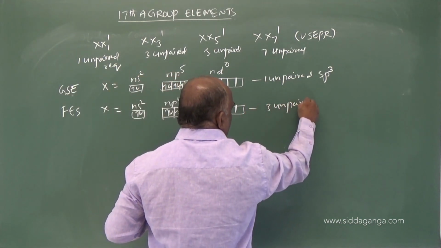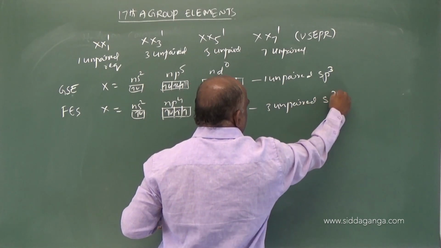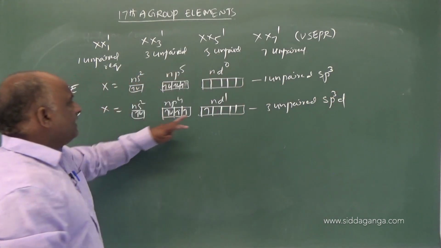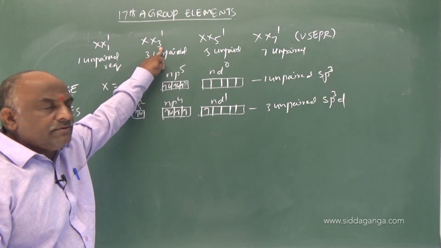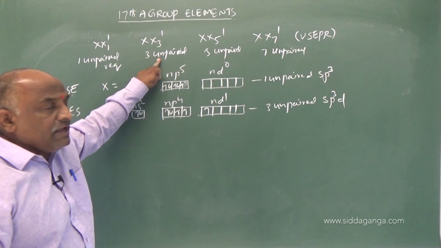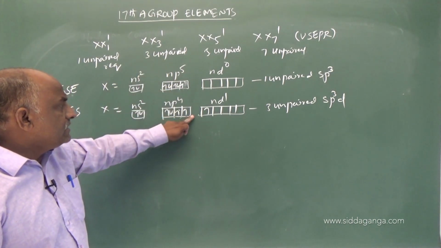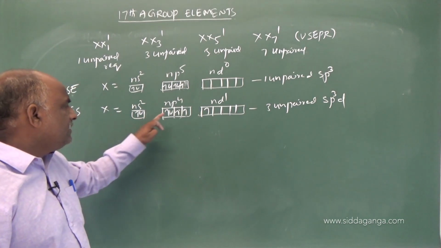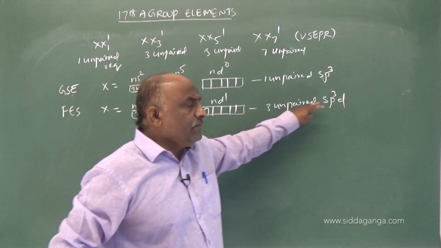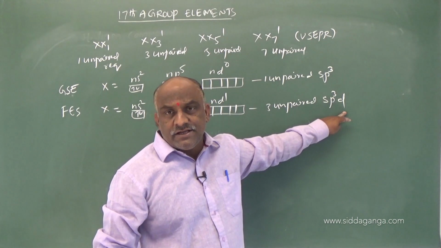So what hybridization is it? sp3d hybridization. XX3 undergoes sp3d hybridization because XX3 requires 3 unpaired electrons. 3 unpaired electrons are possible in the first excited state. Then intermixing of 1 s orbital, 3 p orbitals, 1 d orbital results in 5 sp3d hybrid orbitals.